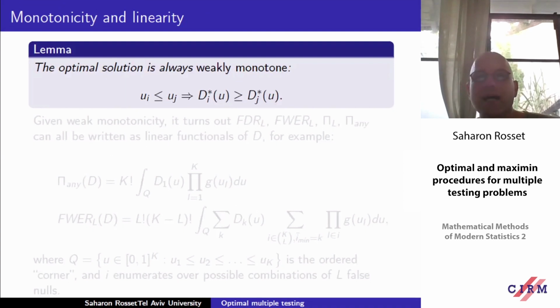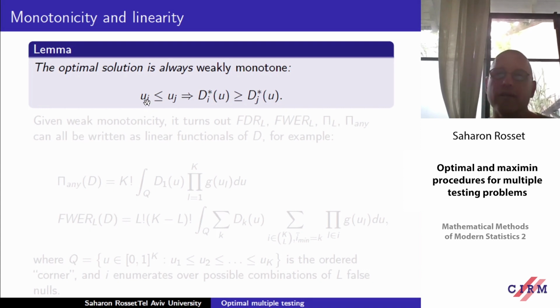So the first result that allows us to make some progress is a very simple and intuitive result. And it says that the solution is what we call weakly monotone, which is to say that the optimal policy, so this D star would be the solution we are searching for our optimization problem, is always going to reject a subset of the smallest p-values.